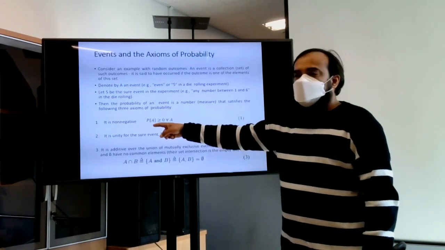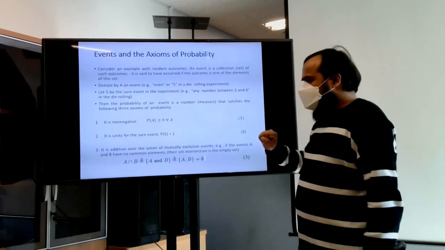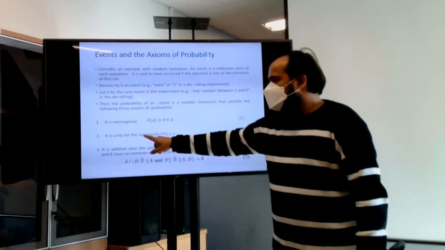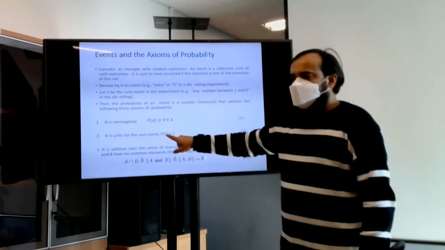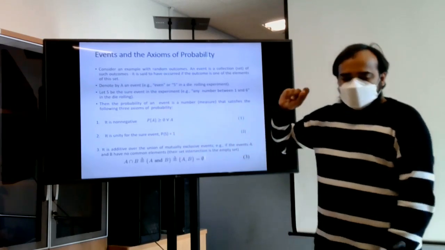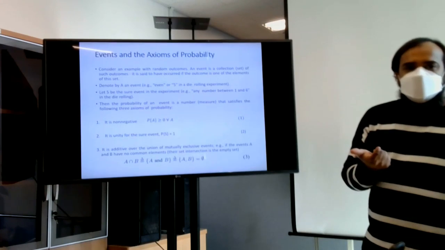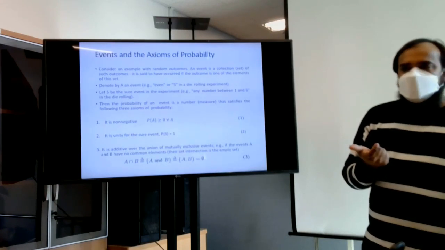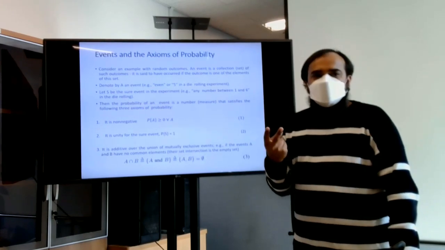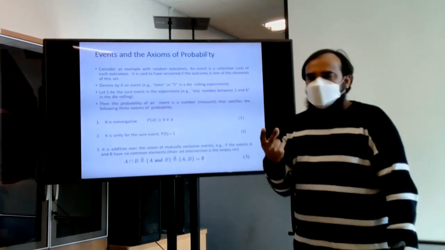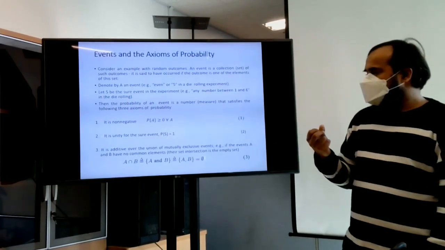One is that it is non-negative, greater than or equal to 0. Second, it is unity for the sure event. A sure event, when it occurs, is only unity, meaning the event does not have 2 values.